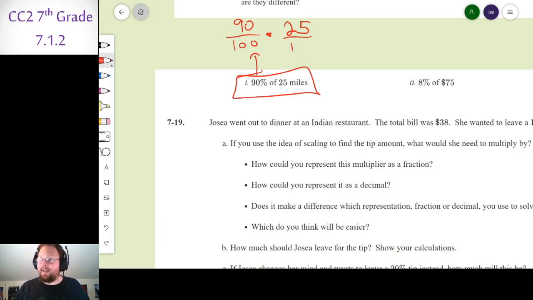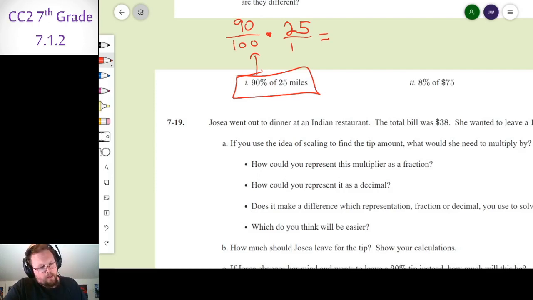And you can simplify it that way, where you say 90 out of 100 times 25, and that's not a bad way to do it, except it's going to give you a little bit of a difficult answer to figure out.